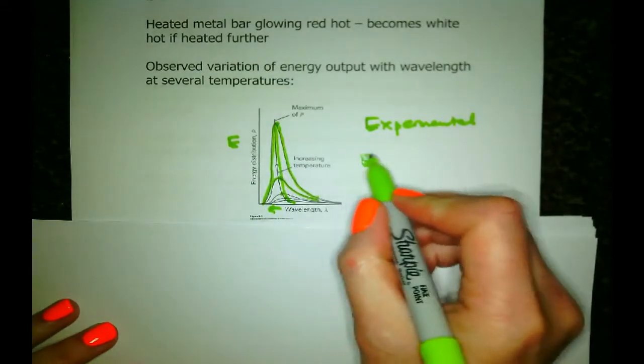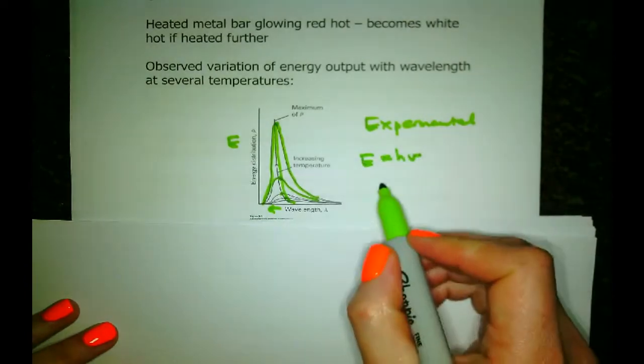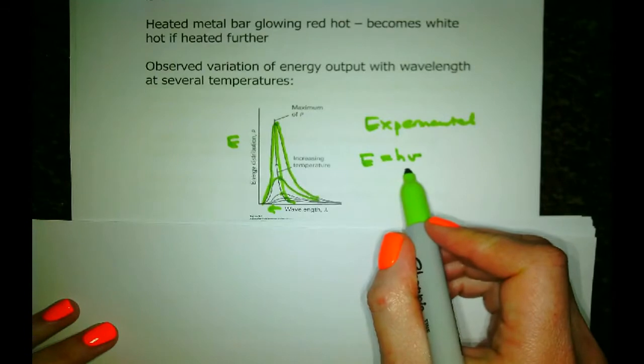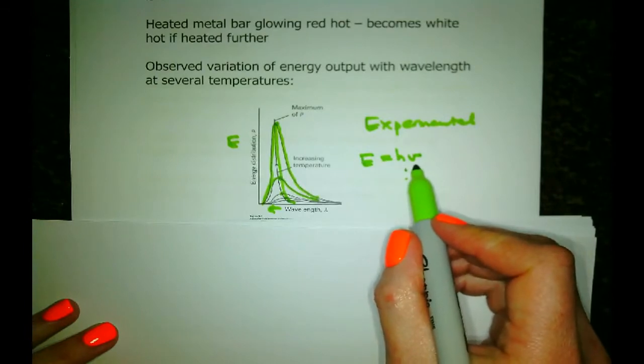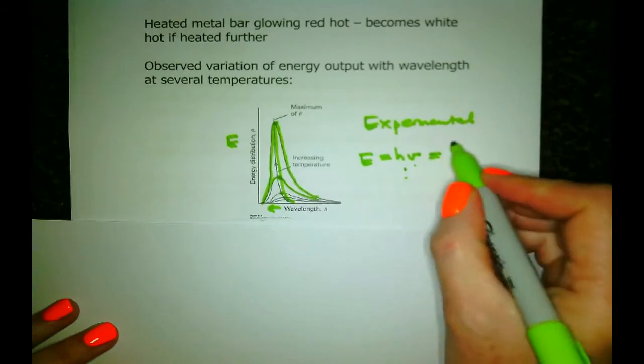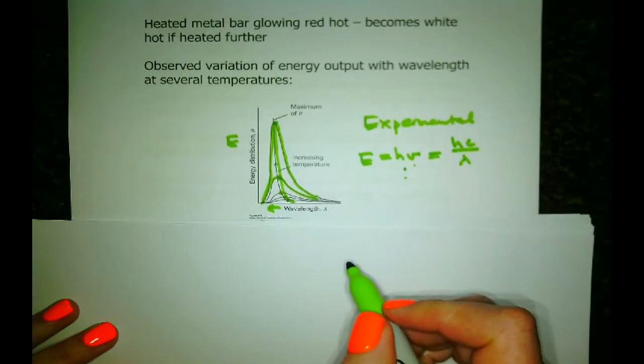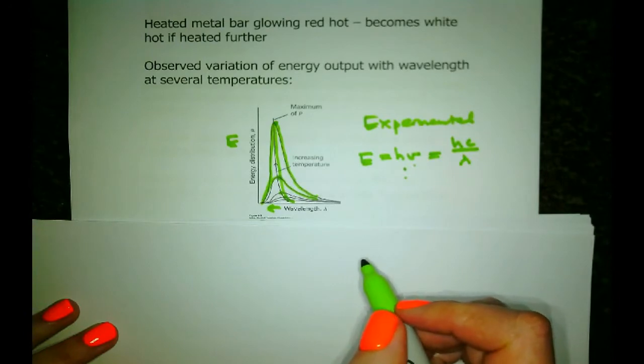Just something in terms of energy. If you look at your data sheet, you'll see that energy is h, which is Planck's constant, times nu, which is the frequency. You can also write that as hc divided by lambda.